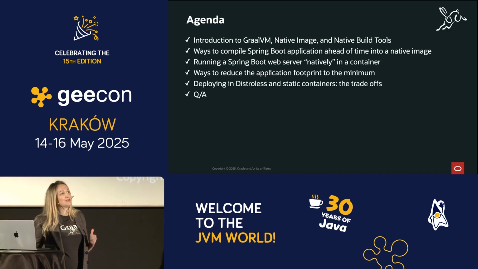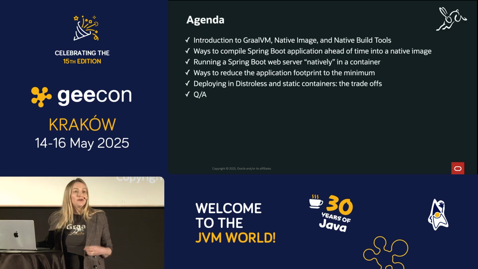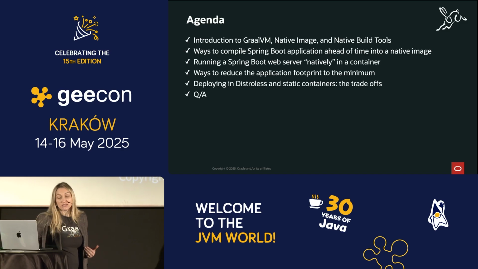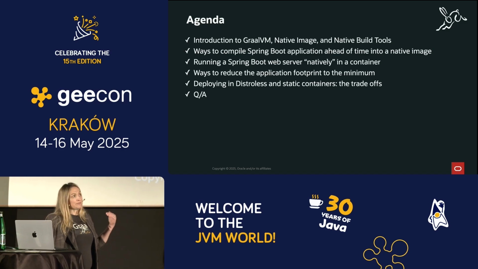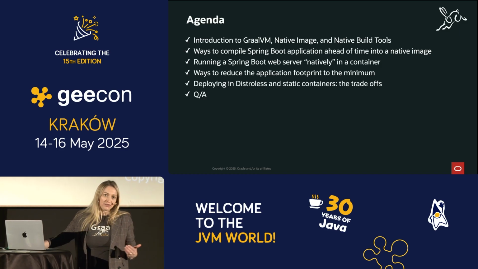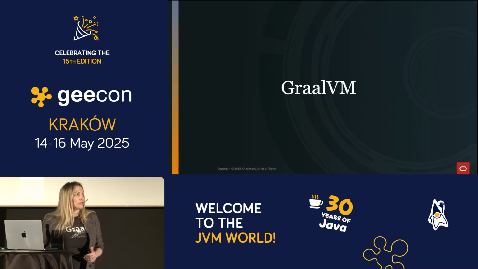Then we will talk about how to natively deploy a Spring Boot application in a container, and also how to reduce the application size to the minimum, like how to make the container as small as possible so it takes less space. And finally, along the way, we will be deploying these containers as distroless or static, mostly distroless, discussing the trade-offs, and then the Q&A session.